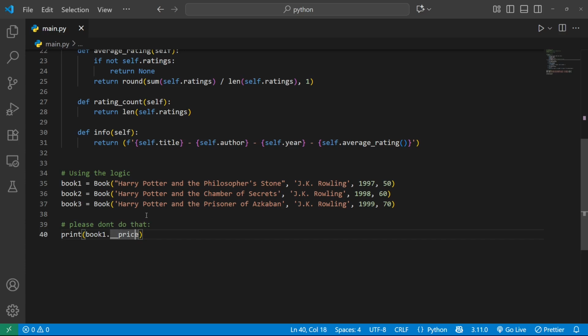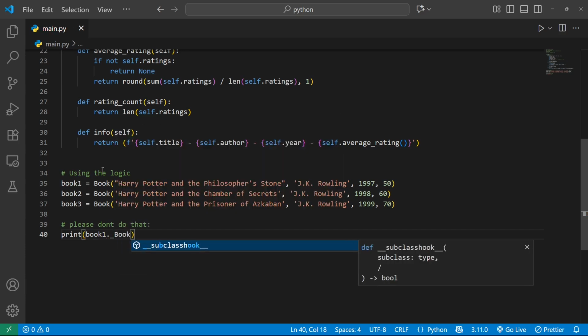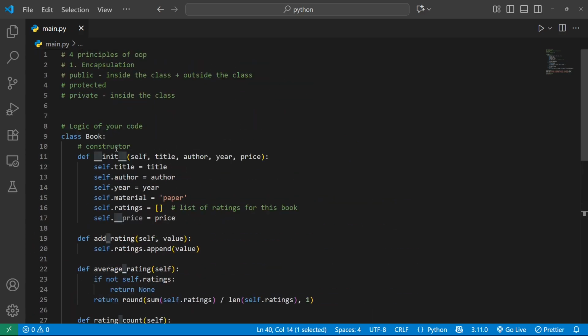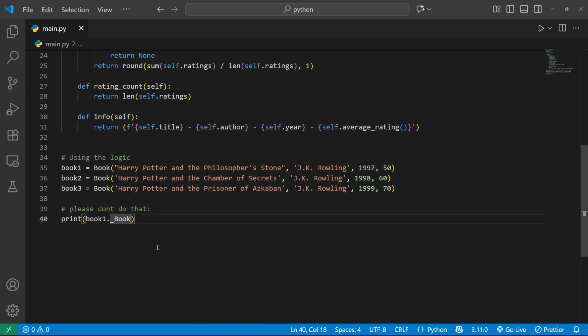The name of the object is book1, okay? Now you can say, okay, the name of the class is Book, and you put here an underscore. The name of the class is Book, and on the class there is an attribute 2 underscores price.